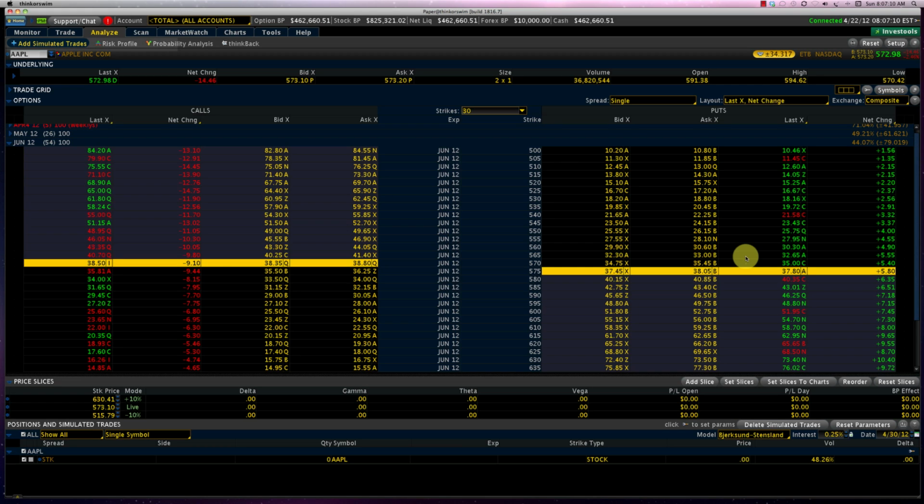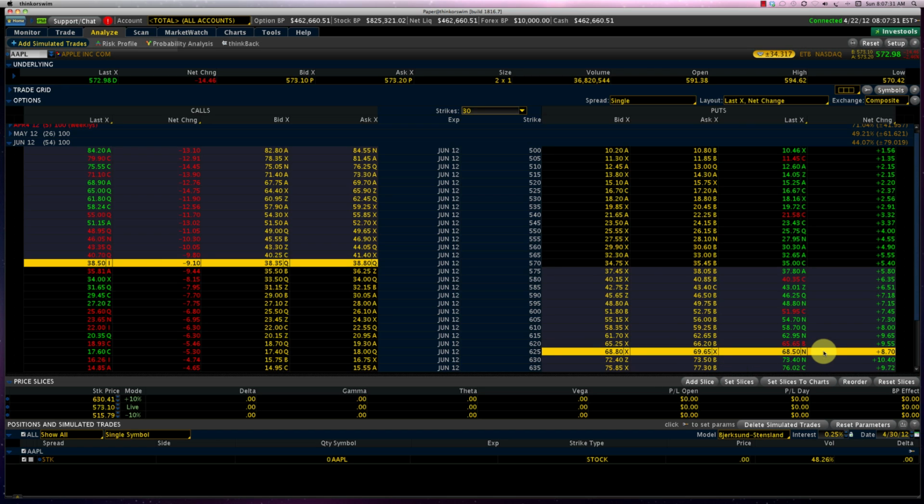Now, on the put option side, we have in the money options that are again shaded in gray, but they are on the bottom right side of the screen. And we have out of the money put options that are shaded in black. So let's try to understand this. The 625 put is in the money because Apple's current trading price is already below this put option.